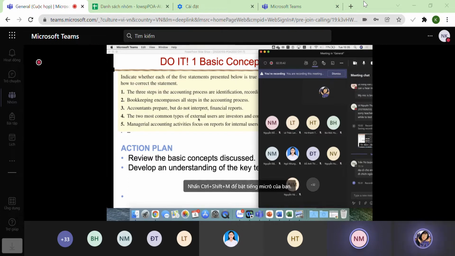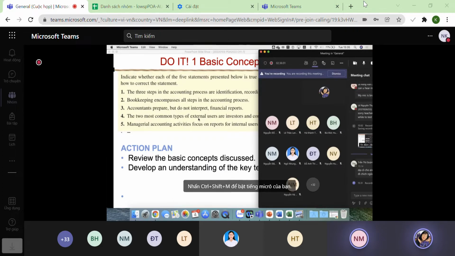And in our course, we just focus on financial accounting, not management accounting. Financial accounting, very basic, fundamentally very basic, okay?